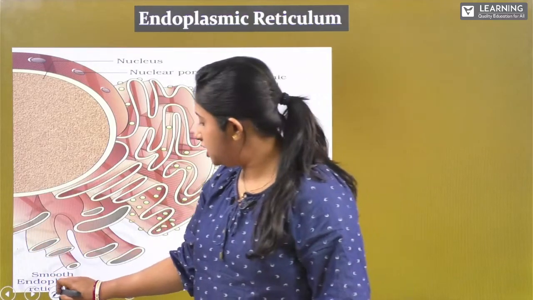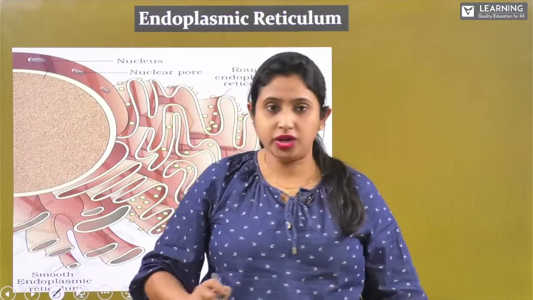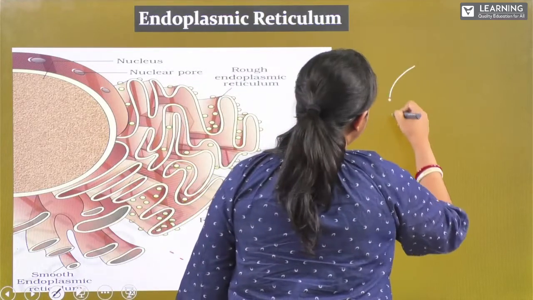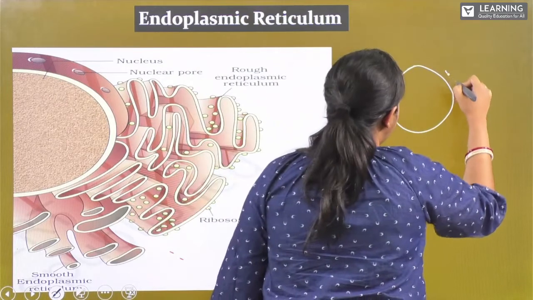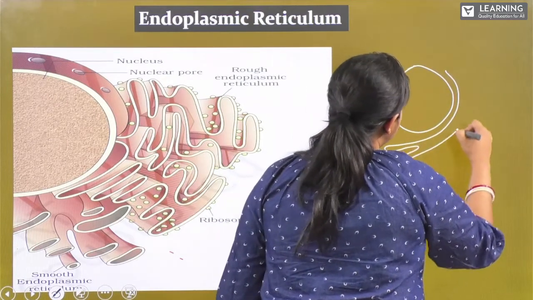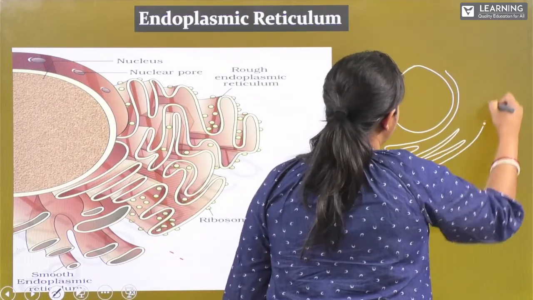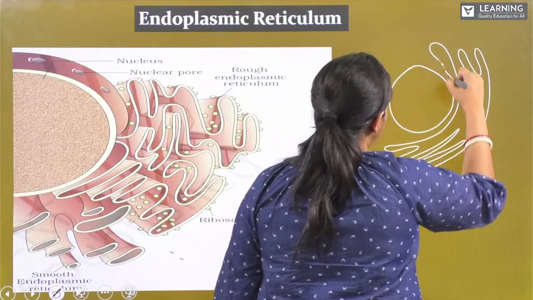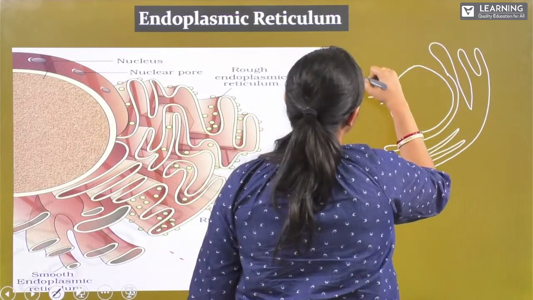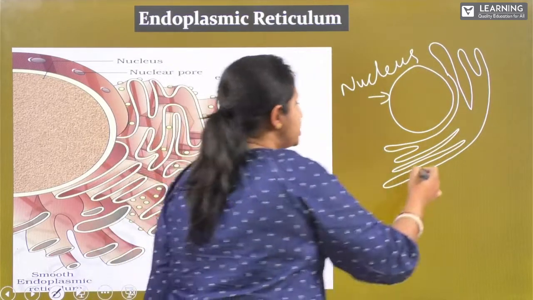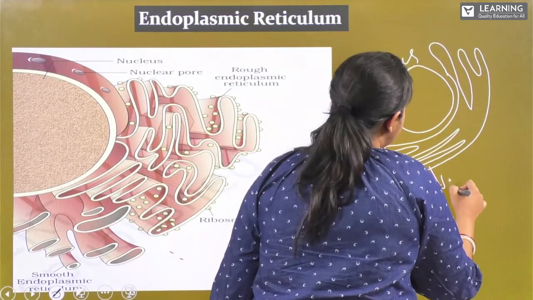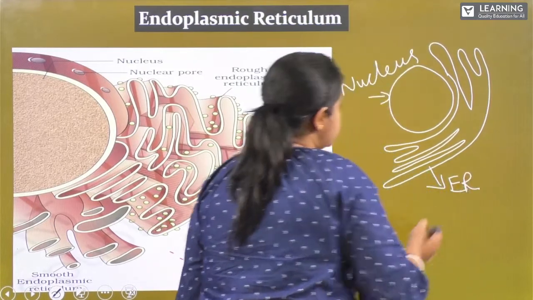You will see it near the nucleus, okay? If this is the nucleus, the endoplasmic reticulum will be present near the nucleus of the cell, surrounding the nucleus, scattered in the cytoplasm.